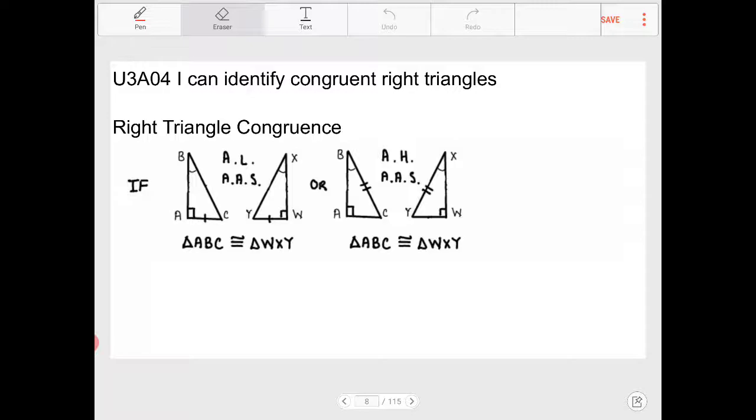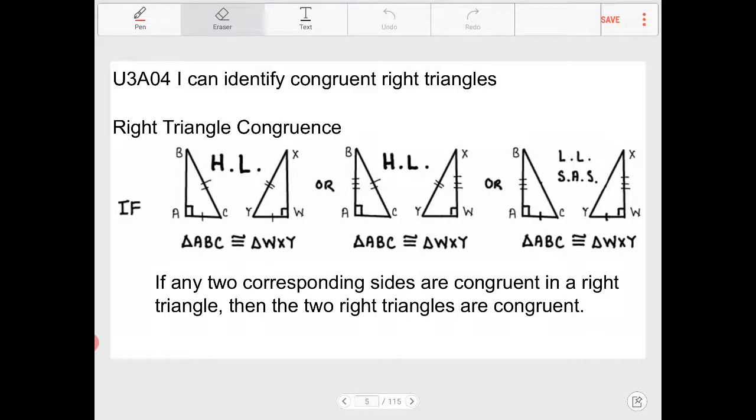You can call this angle hypotenuse, or it's really just angle side then, okay? So really the main takeaway is there are these two theorems. It's this situation here that's new, hypotenuse leg. The others are just variations of side angle side, angle side angle, and so forth.